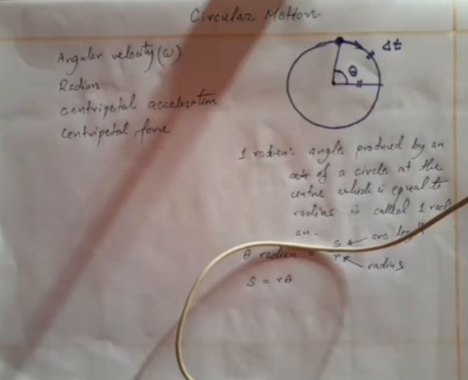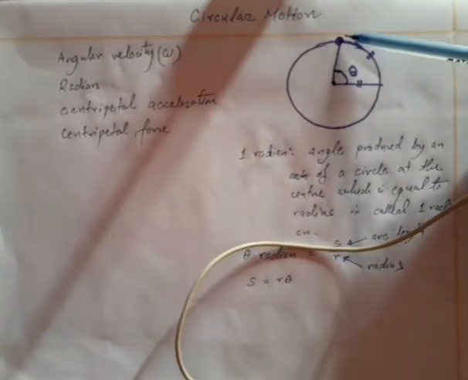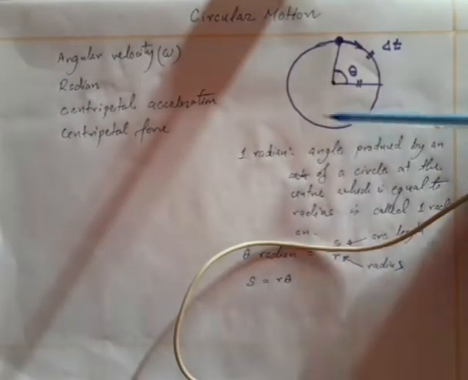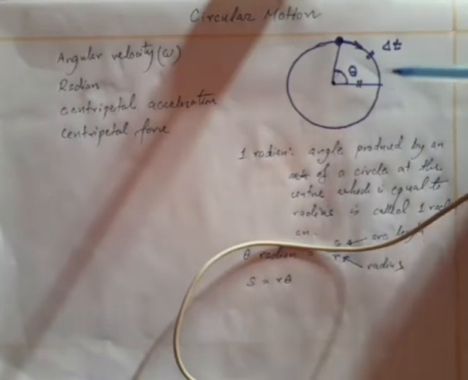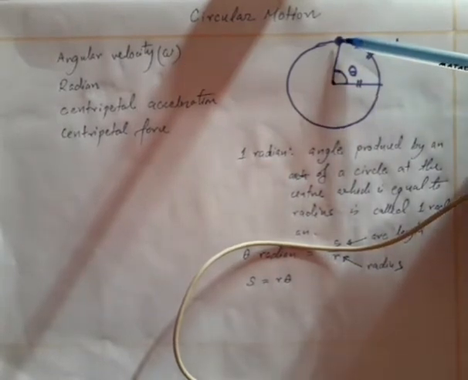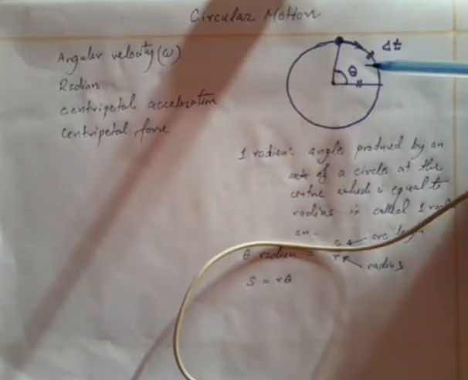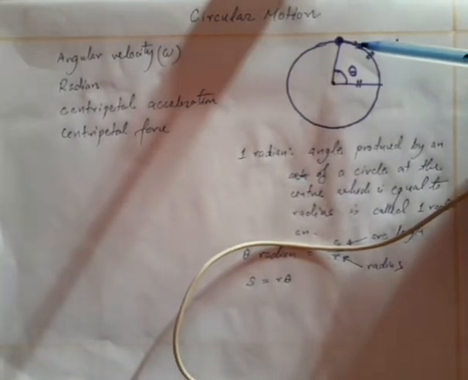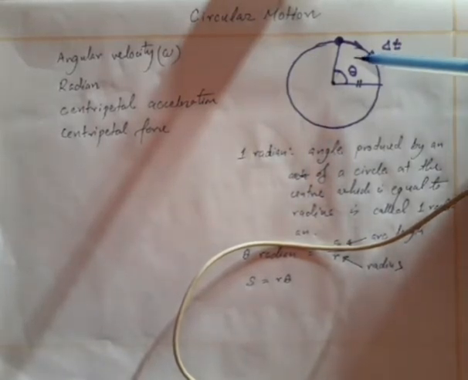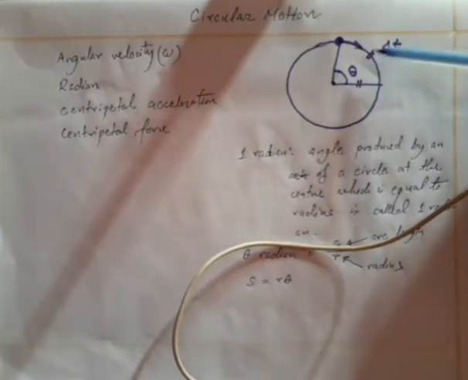So we got the first formula of this chapter, that is S equals R theta. We are repeating, the object is making an angle theta at the time delta t. Okay, so the angle produced by an arc which is equal to radius will be called 1 radian.